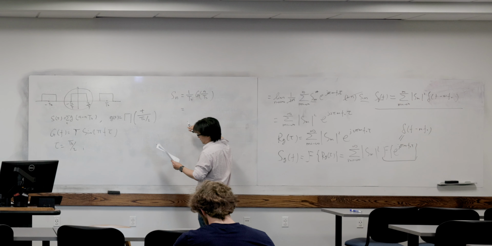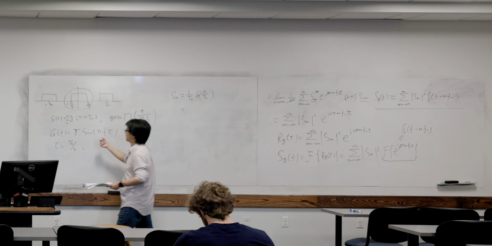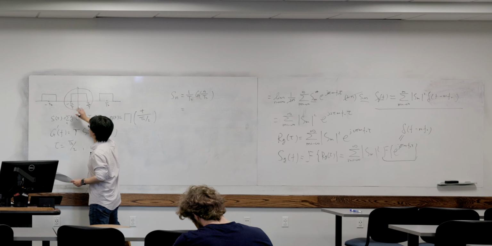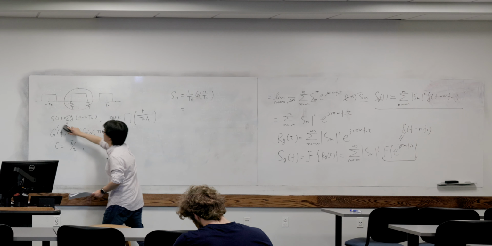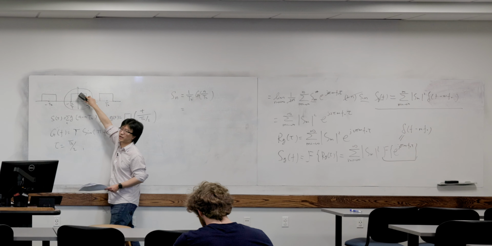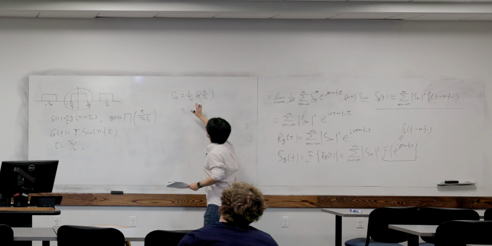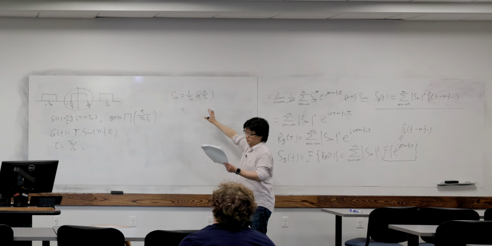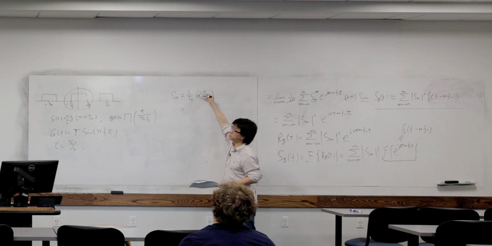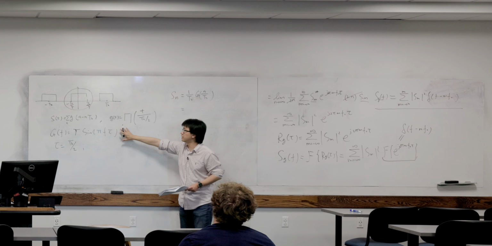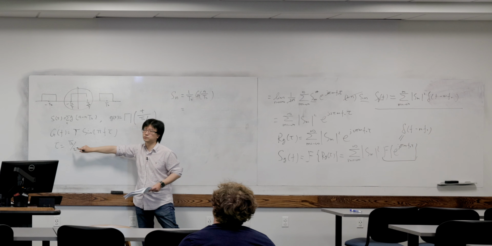Basically, for this guy, I use G prime to denote, because I say G(f) is the Fourier transform of this guy. I think it should be fine. So that's the formula we need to use. Now we need to plug in the specific G, replacing tau by TB over 2.